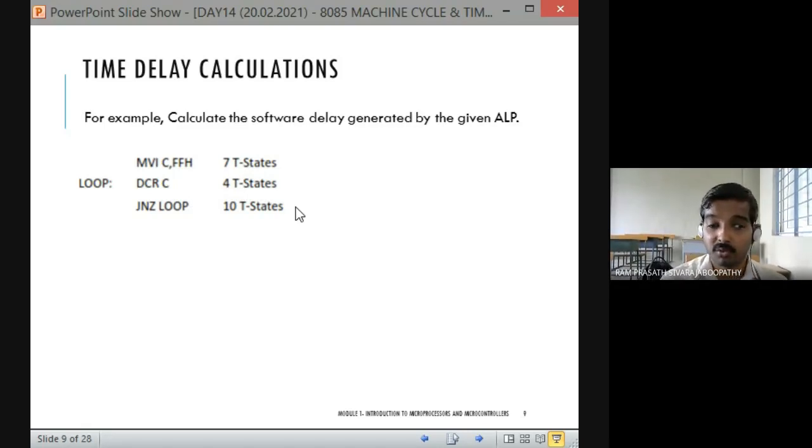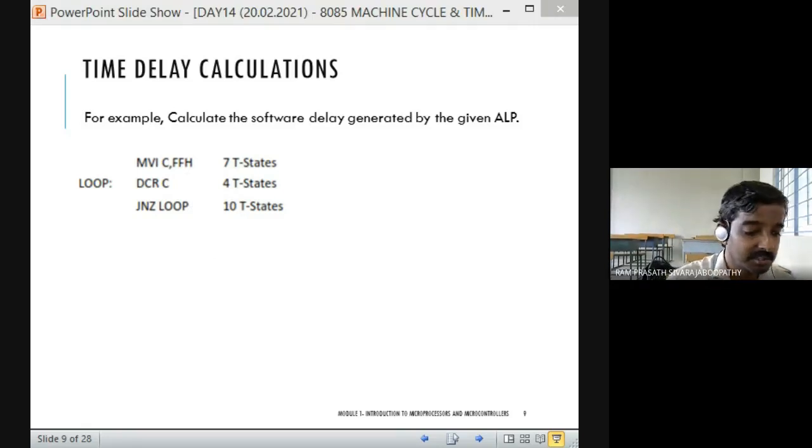Fine. Note one thing carefully. When it is reading the lower byte of the address, at that time the processor also checks the condition. I will type it in the chat. The first machine cycle is definitely opcode fetch. There is no doubt about that. The first machine cycle is opcode fetch.